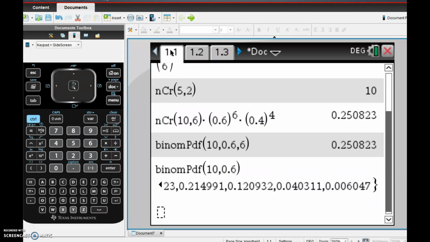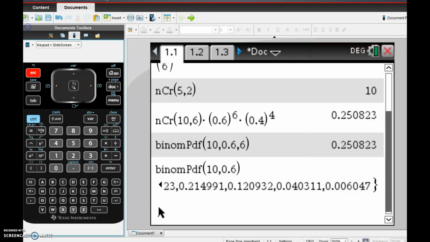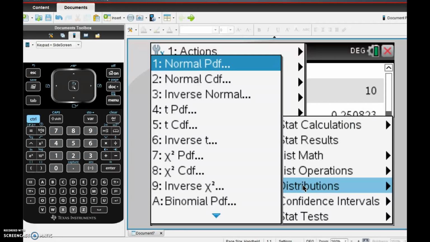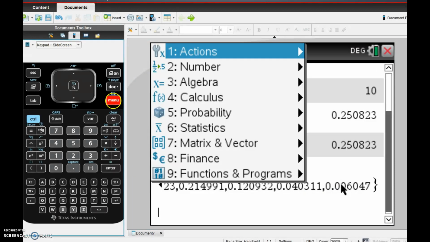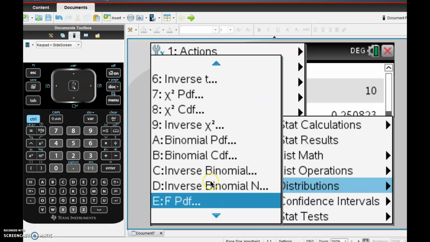So menu. Make sure I'm down here, right? Menu, statistics, distributions. Got to go down a little bit here. I have a hard time clicking the calculator when I use the touch. I think I can scroll down with the pen.